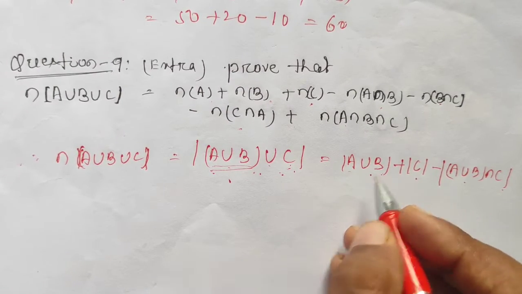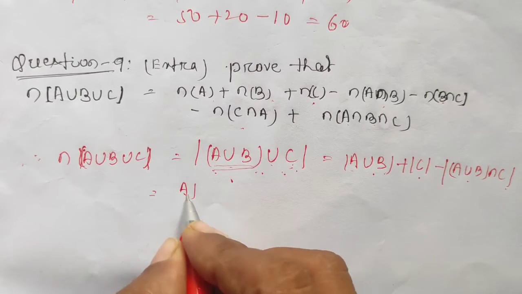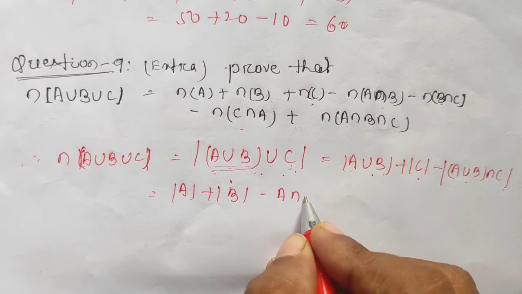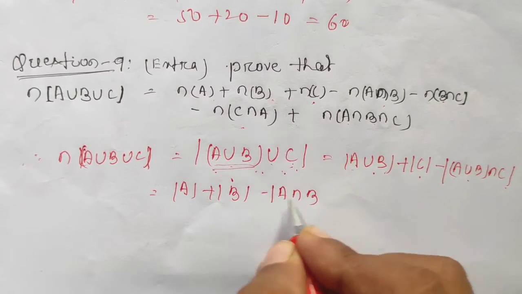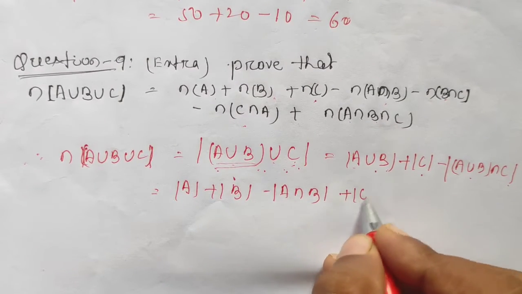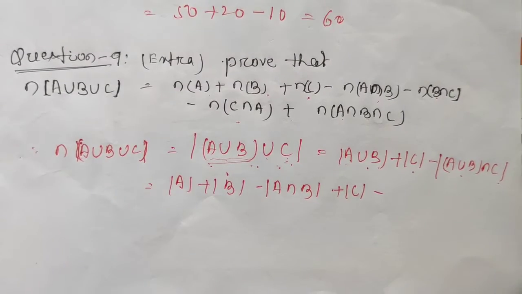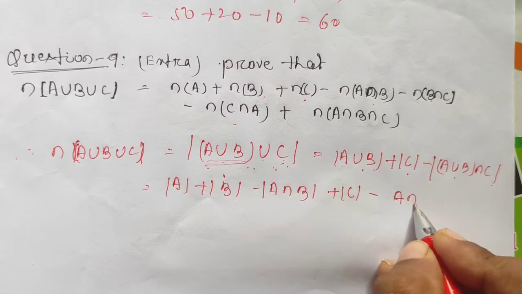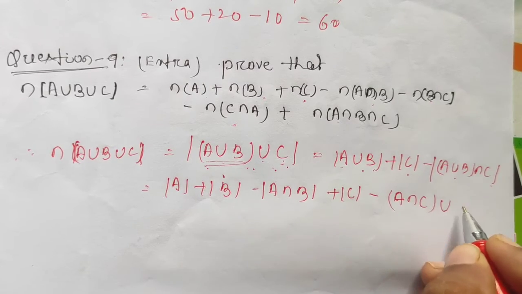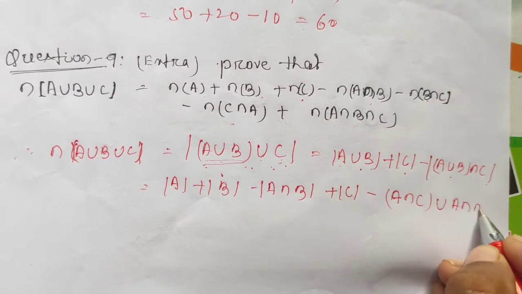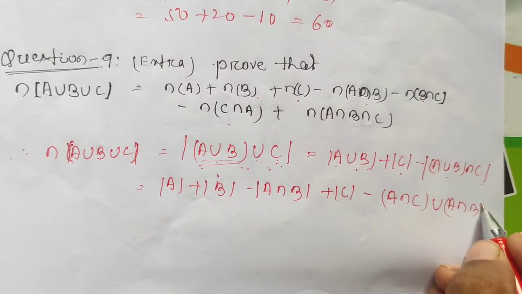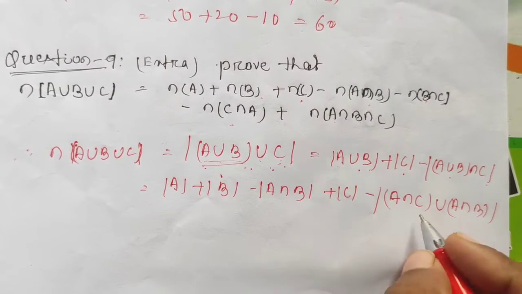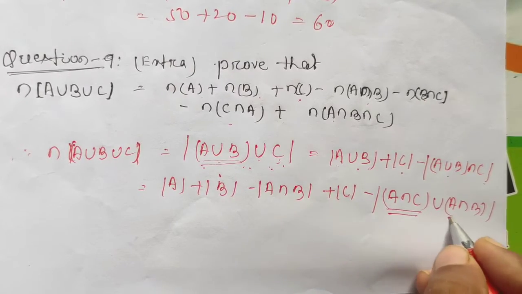This is A union B is equal to A the mod plus B the mod minus A intersection B the mod, plus C the mod minus A intersection C union A intersection B the mod. This is taken as A, this is taken as B.